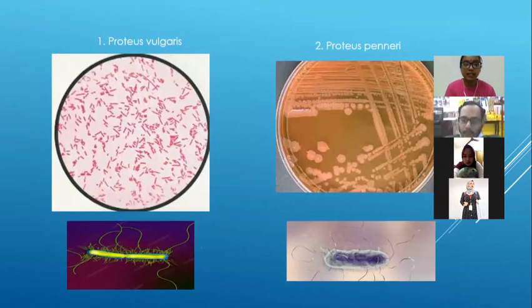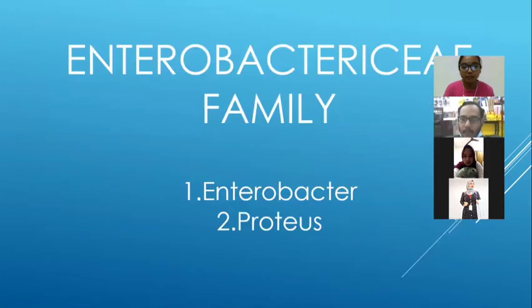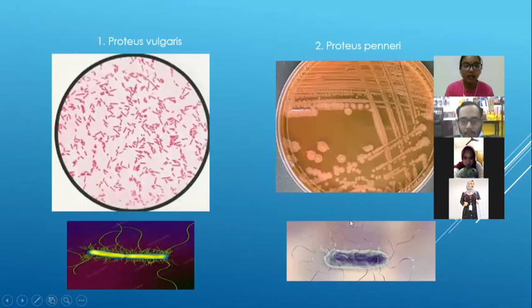Okay, next is Proteus vulgaris and Proteus penneri, which are microbes from the Proteus genus of the Enterobacteriaceae family. So mainly focus on another member of the Enterobacteriaceae family, the Proteus, which is a gram-negative bacteria.